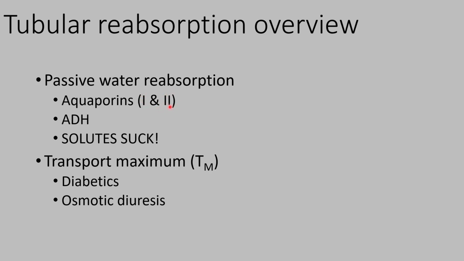Aquaporin type 2 are what ADH produces, and they are found in the distal convoluted tubule and the collecting duct, primarily the collecting duct, but it is ADH that produces them. So there are very few aquaporin type 2s except when ADH tells them to be produced.